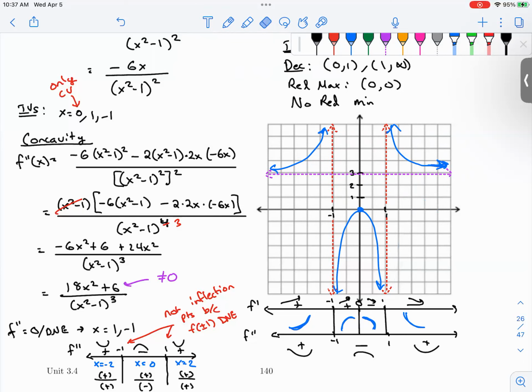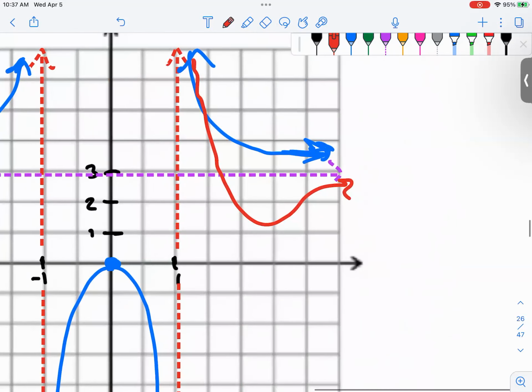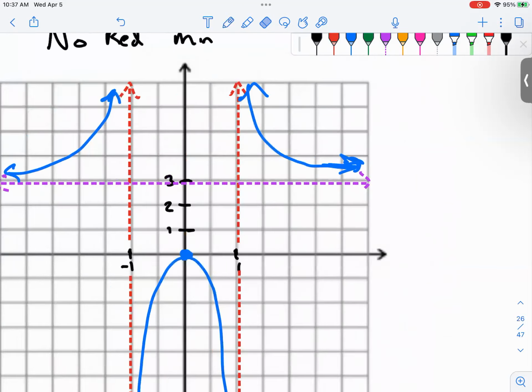Easy thing to make a mistake. Sometimes the function will maybe look like this. It might dip down below and then come back up, but ours can't do that because if I were to do that, there would be an inflection point right there. And there is no inflection point. But every once in a while that happens.